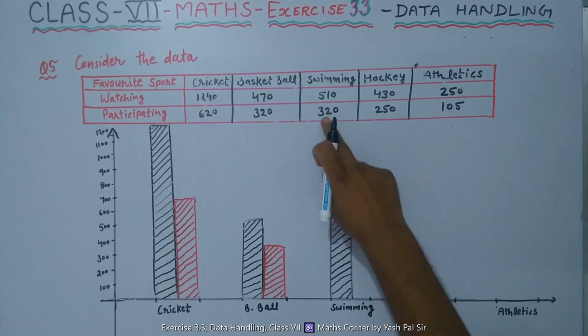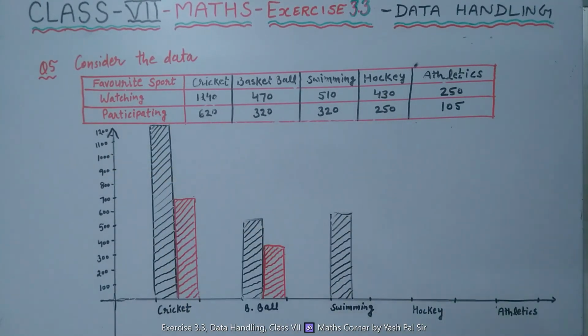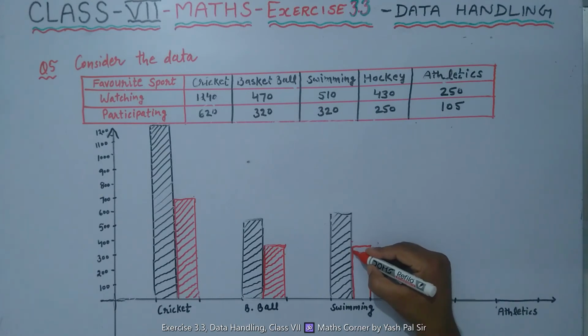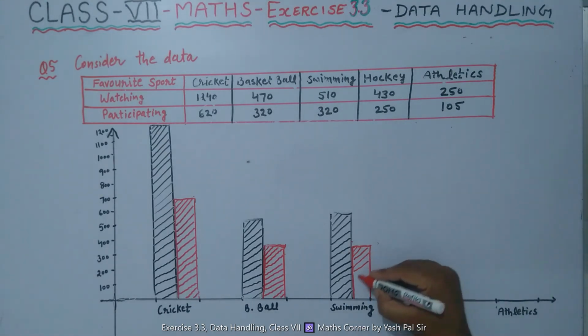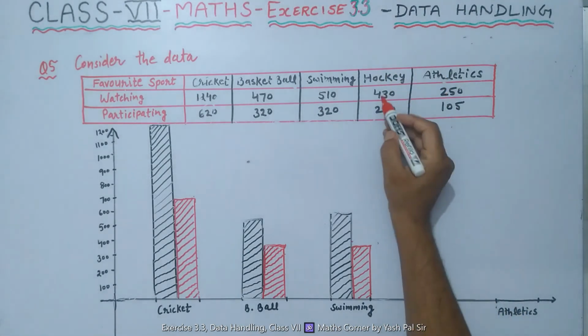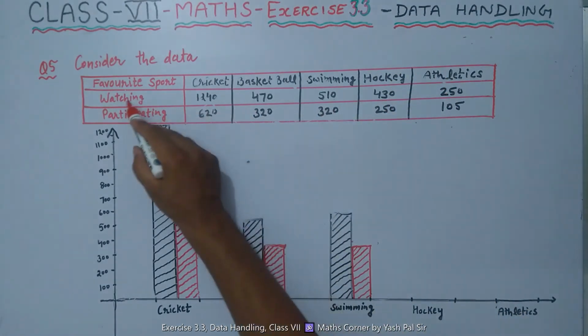Next is 320 participating, the same equal height for swimming as participating in their favorite sport.